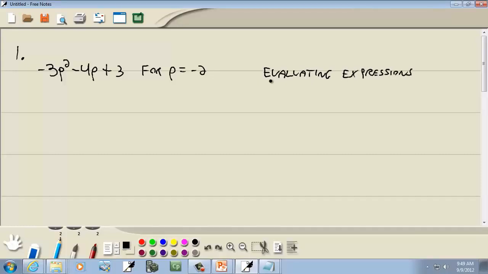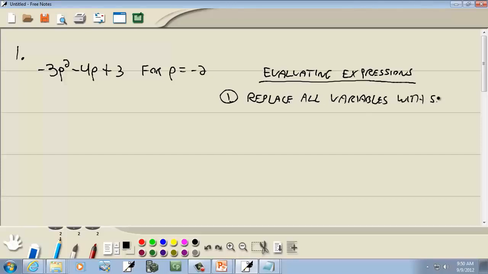So these are the steps for evaluating an expression. And again, this is an algebraic expression, it has variables in it. Our first step: replace all the variables with sets of parentheses.